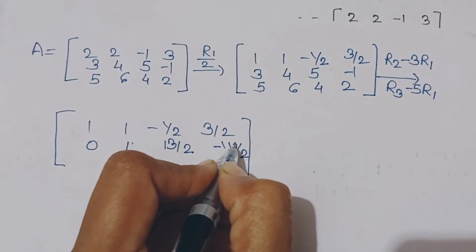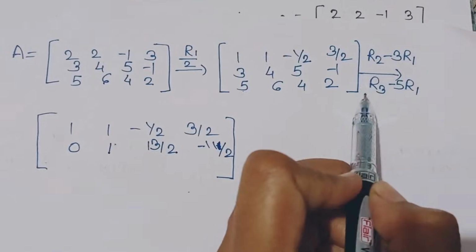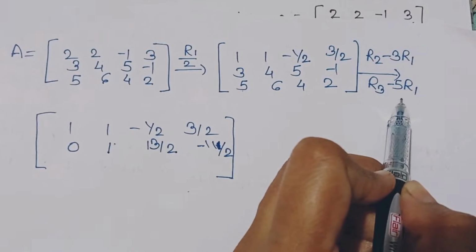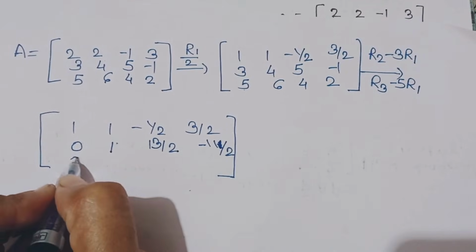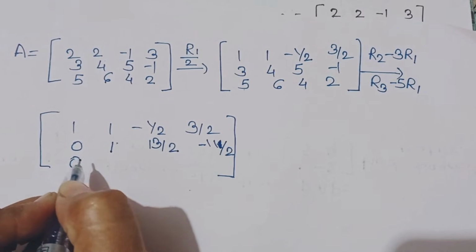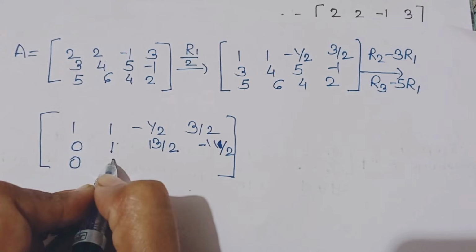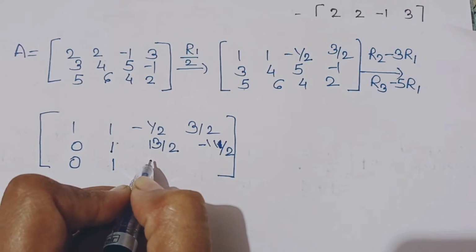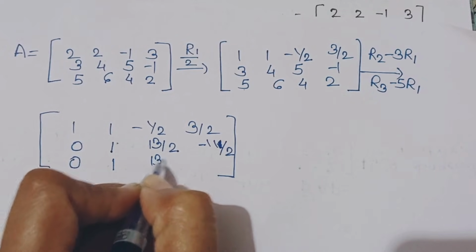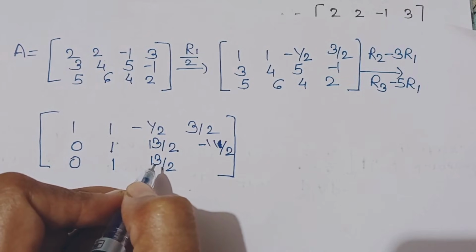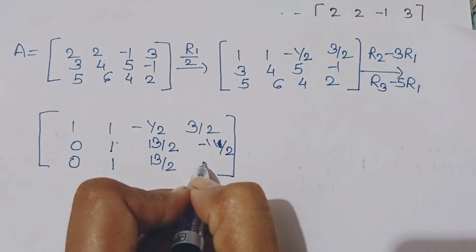And after doing the operation R3 minus 5R1, we get 0 here, then 6 minus 5 is 1, 4 plus 5 by 2 is 13 by 2, and 2 minus 15 by 2 is minus 11 by 2.